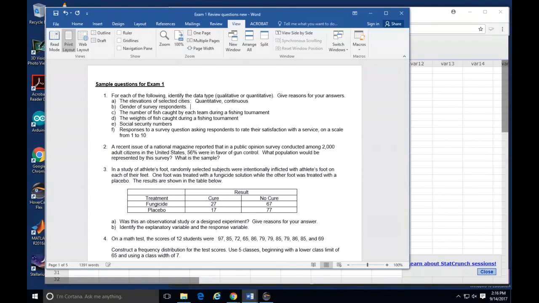The next one is the gender of survey respondents. That is a categorical or qualitative variable. Then the number of fish caught by each team in a fishing tournament. This one is also a numerical measure, so it is quantitative.